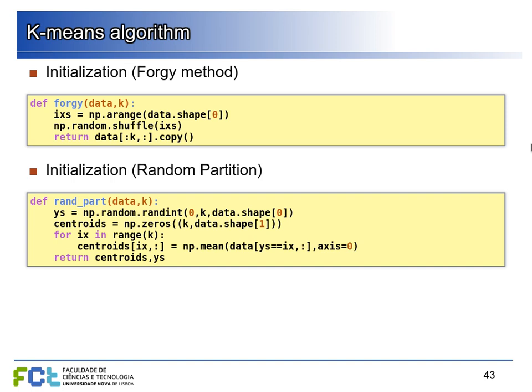Note that this way we ensure that we do not assign two centroids to the exact same data point. We are sampling without replacement here. Random partition simply assigns random values to the cluster labels for all our points, and then computes the centroids for each of these random clusters.